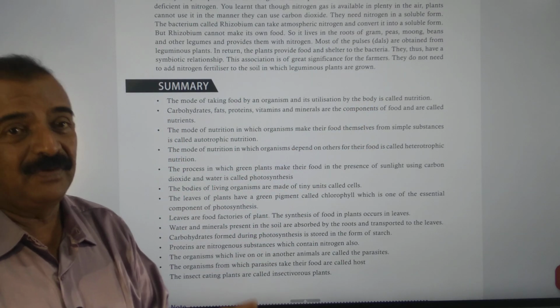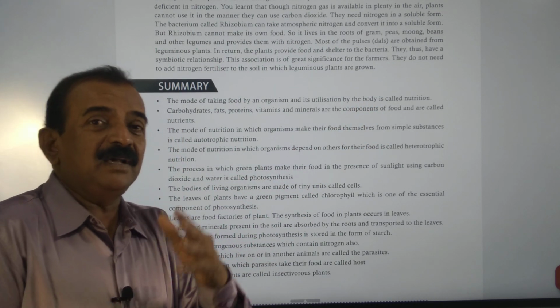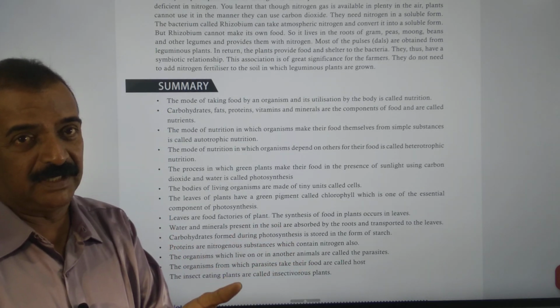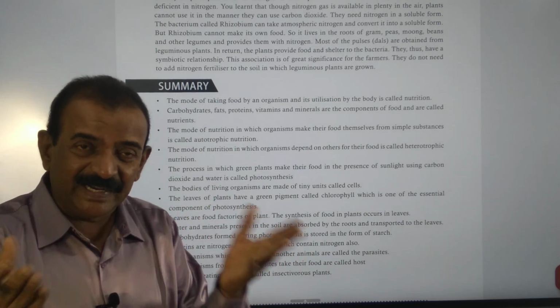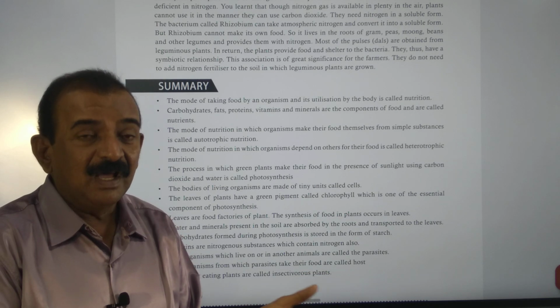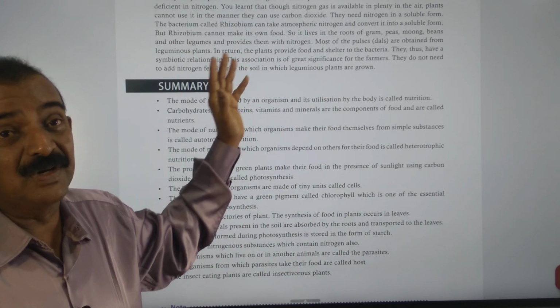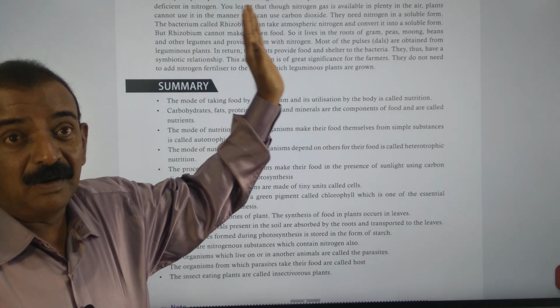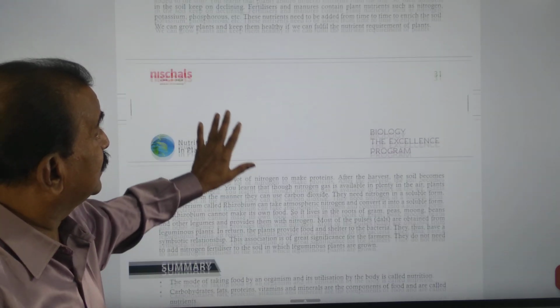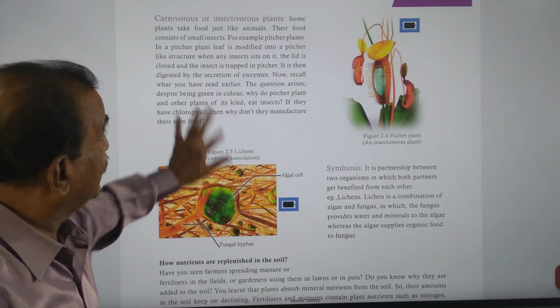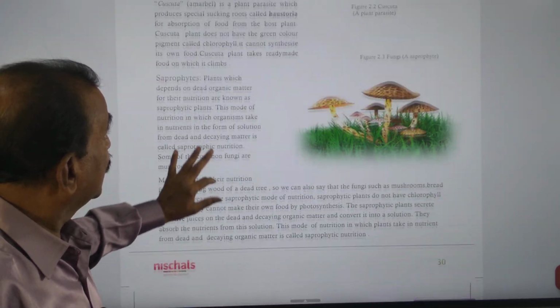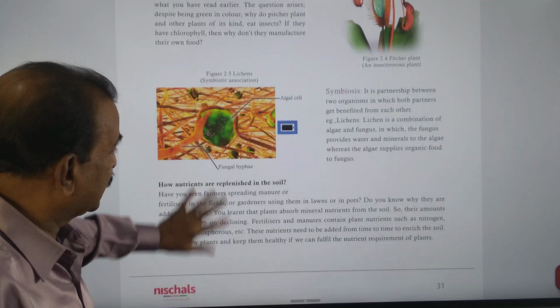Nutrition is of different types: saprophytic nutrition, autotrophic nutrition, symbiotic nutrition, like lichens, symbionts, and insectivorous nutrition. We discussed different types of nutrition.